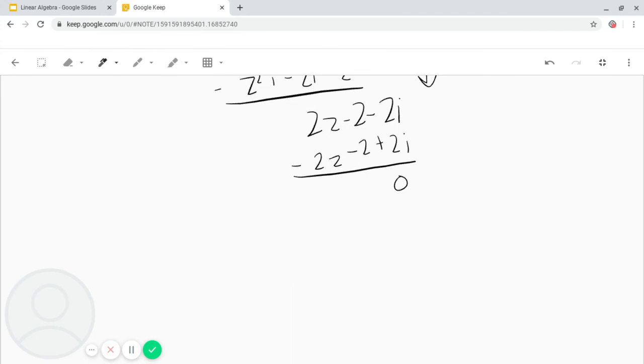So that means that we can use the quadratic equation for this here.